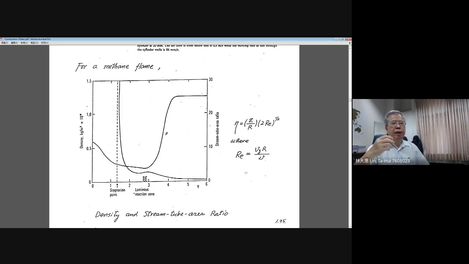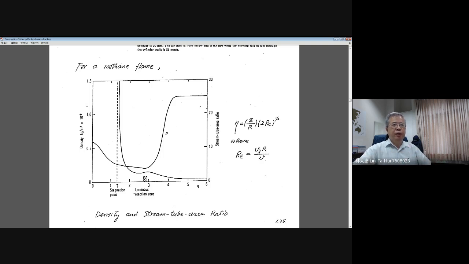When you increase Z, that means you move away from the surface of the cylindrical burner. The left-hand side of the vertical axis represents the density variation, and the right-hand side represents the strain tube area. What is the meaning of strain tube area?